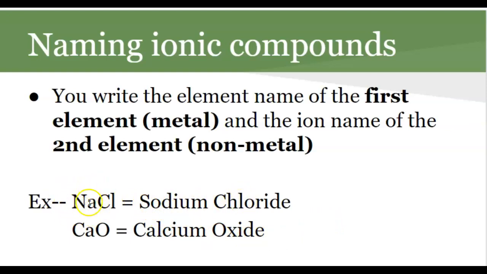So sodium is the first element, and then chlorine turns into chloride. So when we're naming these things, normally it would be a sodium ion and a chloride ion. We kind of get rid of the ion name. Here we have Ca, which is calcium, and then oxygen. So oxygen turns into oxide.